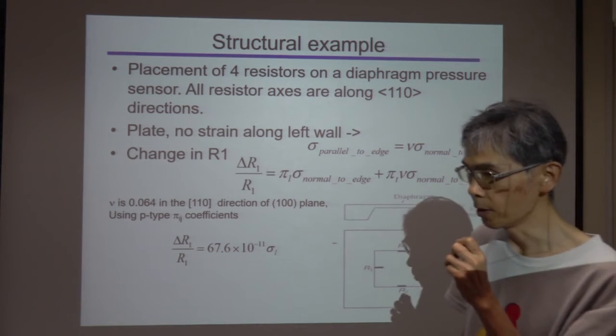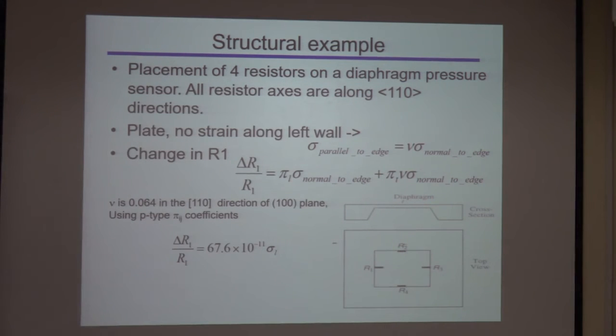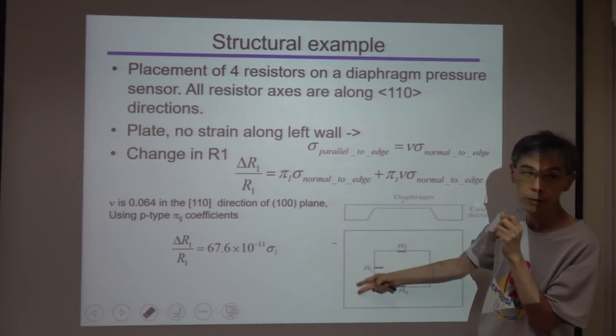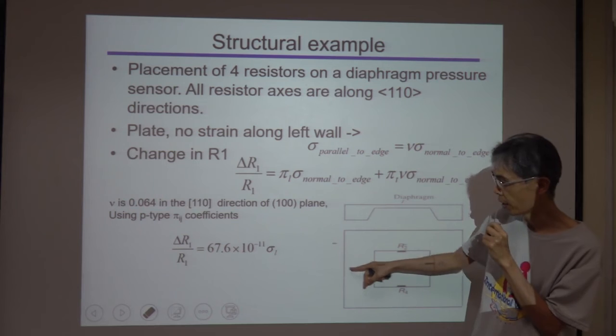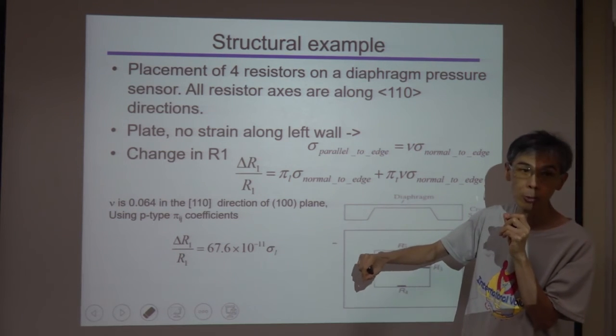Then for stress and strain relations, we have some beautiful equations for you to enjoy. For a coordinate system X, Y, and Z, suppose on the wafer surface we assign the X and Y directions, and the Z direction is normal to the wafer.